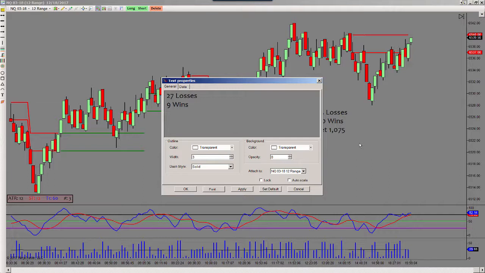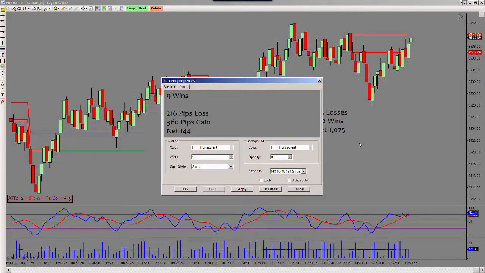I have an 8 pip stop, 27 losses, 216 pips. And I had 9 wins at 40. That's going to be 360. For a net of 144. And this is from November 2nd to December 5th. Okay, so basically 5 weeks.